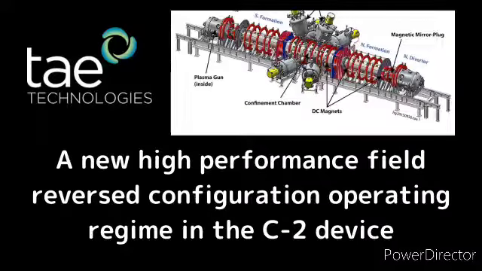The present paper is organized as follows. Section 2 details FRC rotational stability, and how it can impact NB fast ion confinement. Section 3 describes the C2 device and plasma gun and its main beneficial attributes.